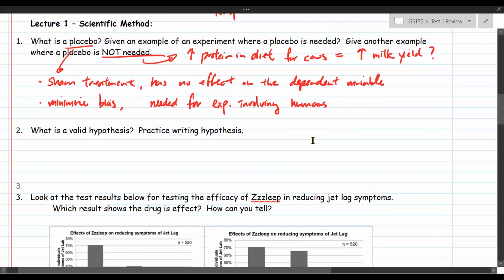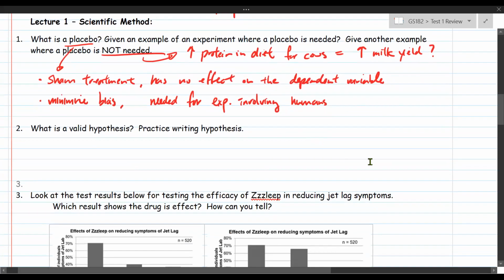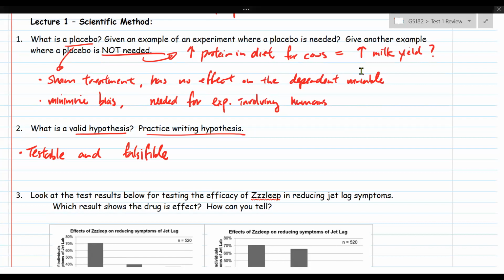Now moving on. What is a valid hypothesis? A hypothesis should be testable and falsifiable. Practice writing a hypothesis. You did quite a lot of that in the experiment, in your worksheet.